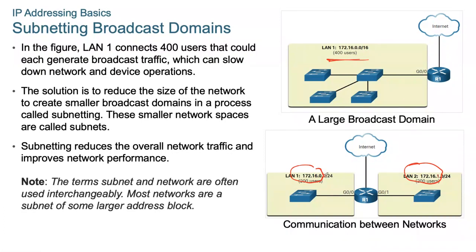Here it is identifying: 0 means the first group of network devices, and 1 means the second group.